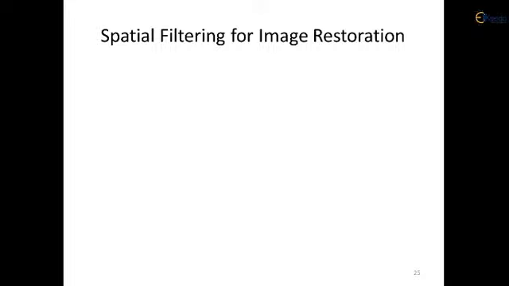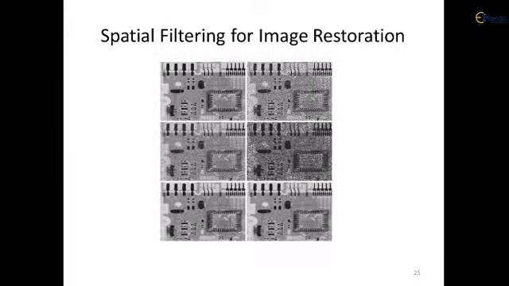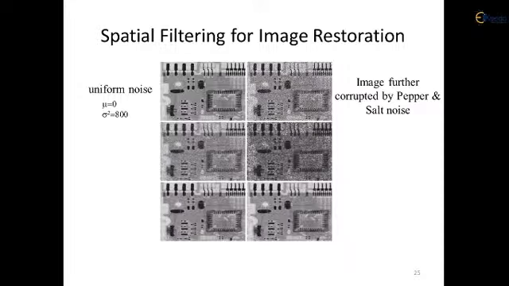So let us have uniform noise added to the image with the mean equal to 0 and the variance 800. When the image is further corrupted by pepper and salt type noise, the dark and the completely white noise spots, added to the earlier noisy image, this is the result we see in the second block.